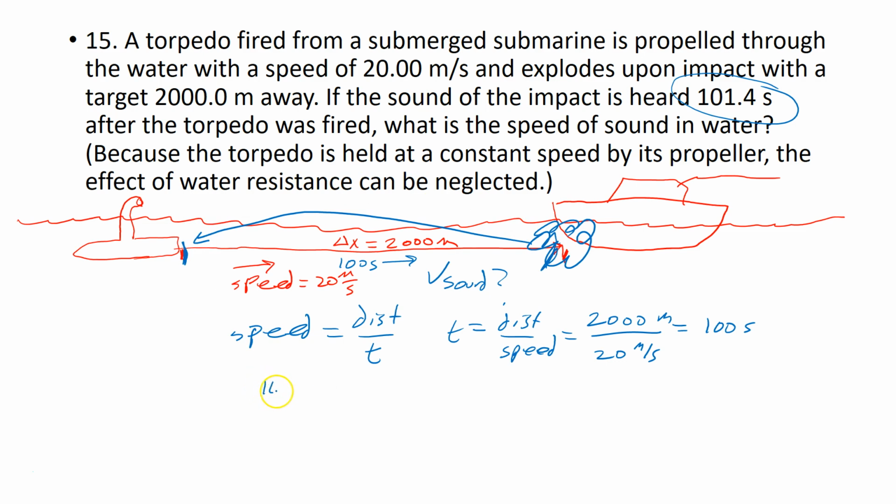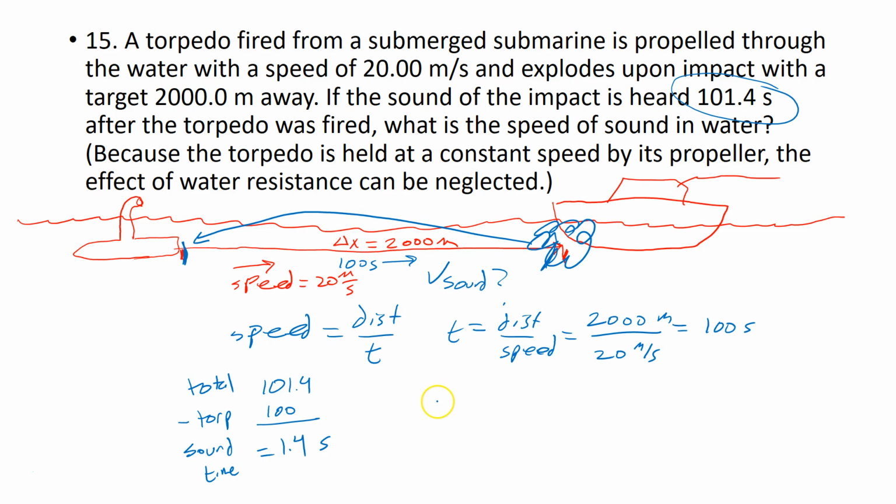Because of that, 101.4 is the total time, and we subtract off the travel time for the torpedo, which is 100 seconds. That gives us 1.4 seconds. That is the time it takes for sound to travel, so the sound travel time is equal to 1.4 seconds.